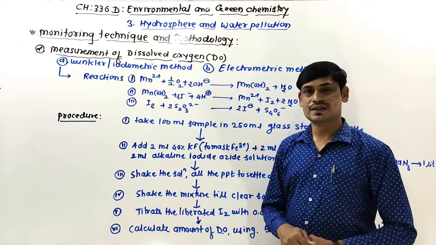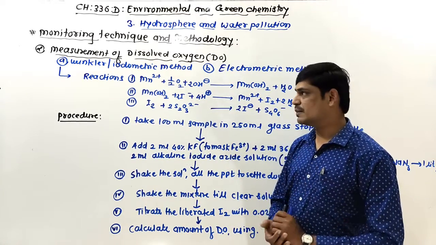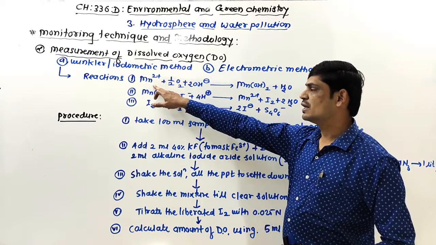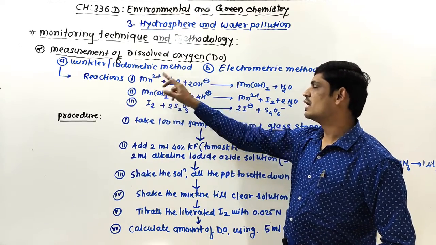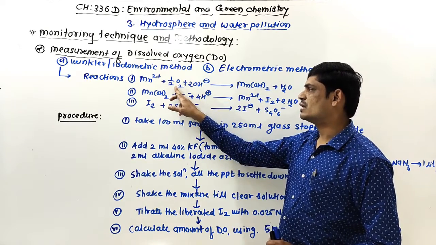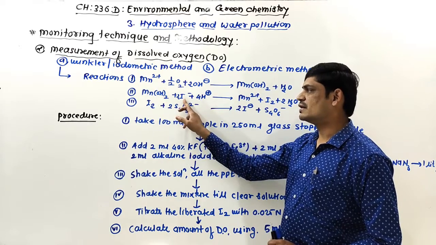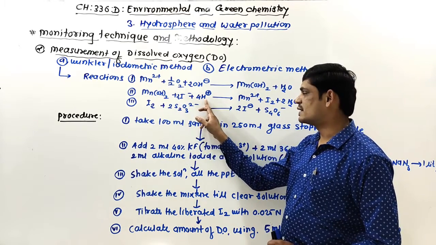The important thing is that the reaction proceeds in three steps. In the first step, the Mn2+ is converted into its higher oxidation form by using dissolved oxygen in an alkaline medium. This precipitate is then treated with the iodide in an acidic medium.